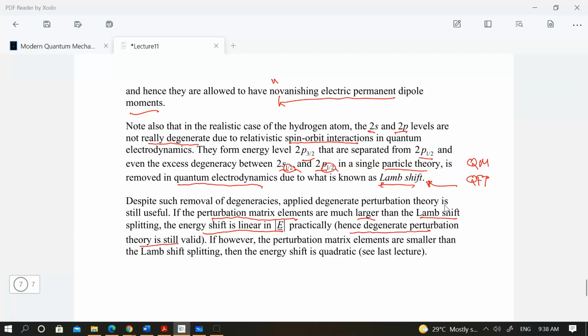Okay, but in the case where your perturbation matrix elements are smaller than the Lamb shift splitting, then your energy shift is going to be quadratic, and that is coming from the case of non-degenerate perturbation theory.